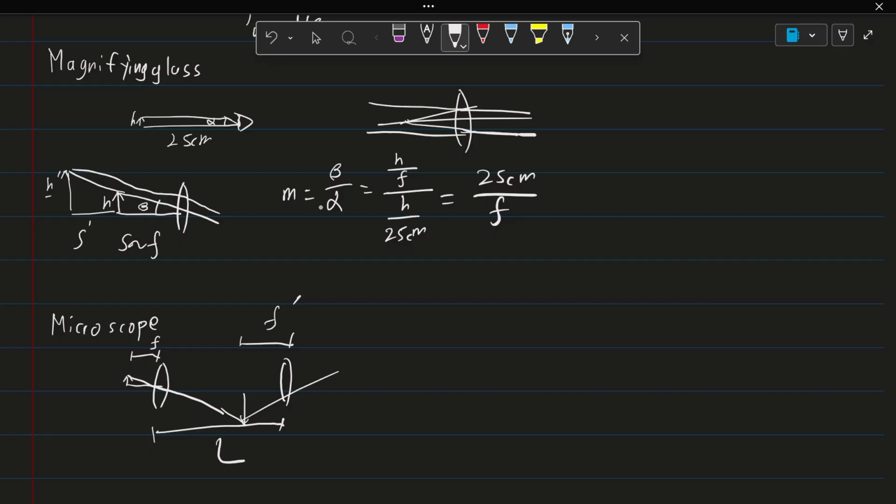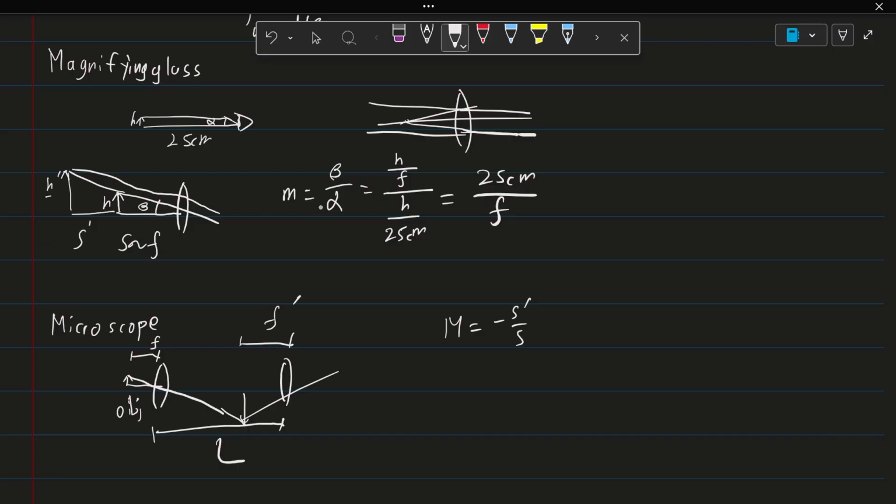So pretty much, let's determine the magnification for the objective lens, which is this one. The magnification for the objective lens can be written as minus s prime over s, which we have already derived previously.